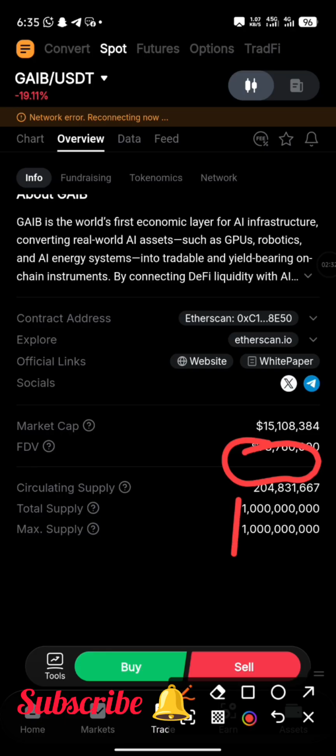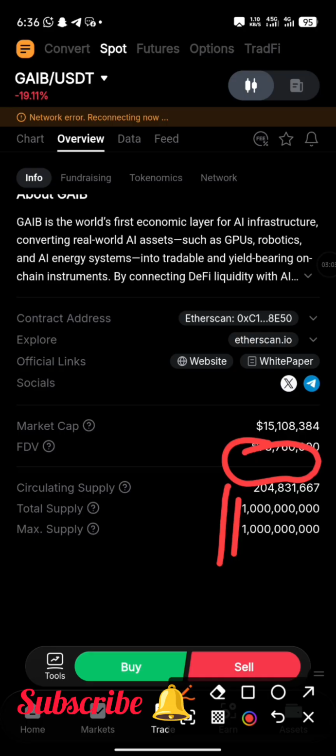This is what we call the circulating supply. But remember, it does not include the tokens locked by the creator, the reserve tokens for team and marketing, and the coins for staking and rewards. Tokens in smart contracts can't be added because they cannot be accessed, and burned tokens are also not included.